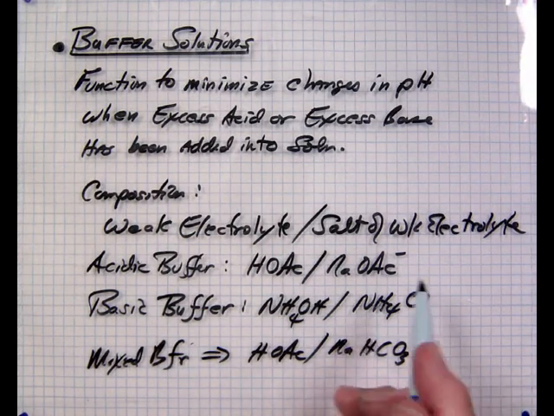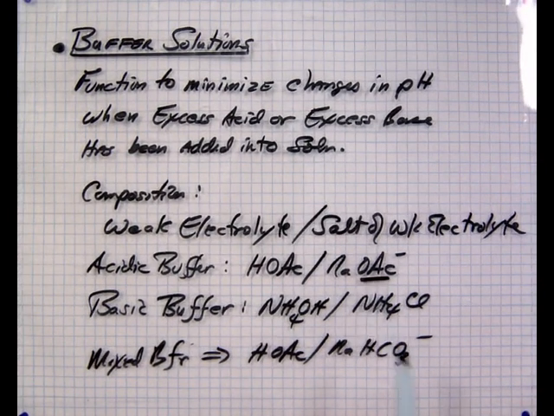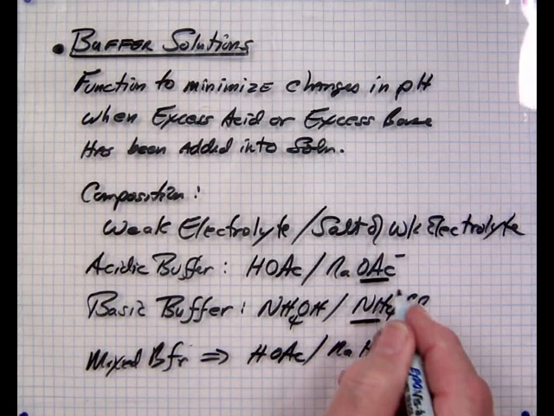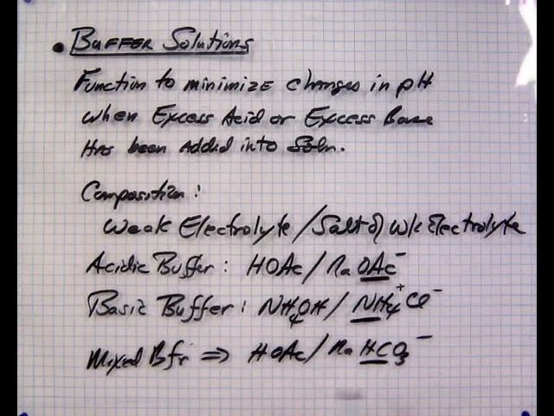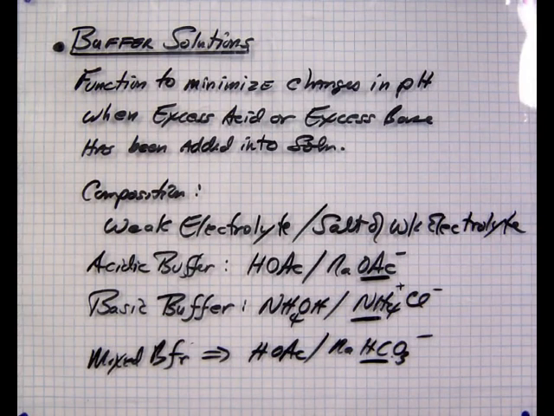The presence of the common ion, or an anion that is not a common ion, would inhibit or retard the shift of equilibrium in the presence of excess acid or excess base.